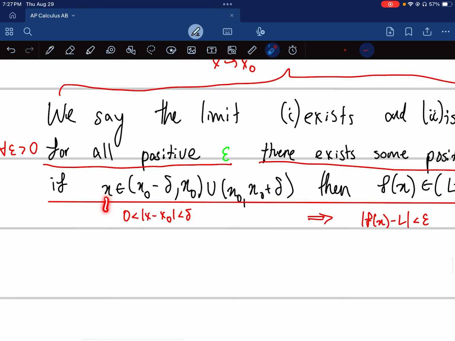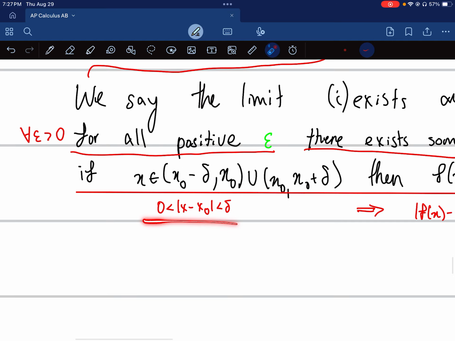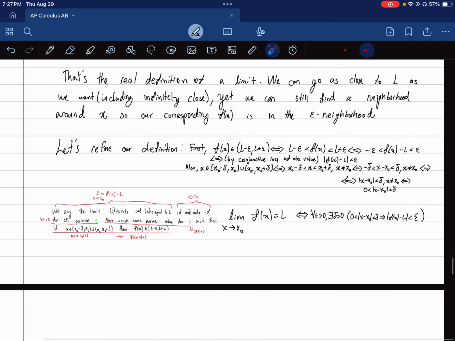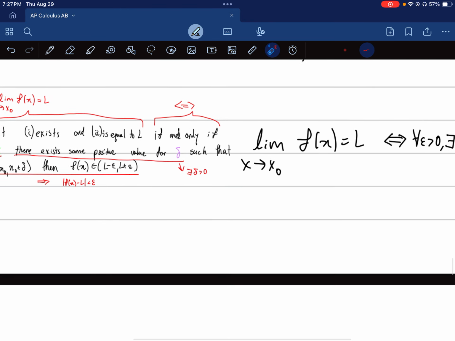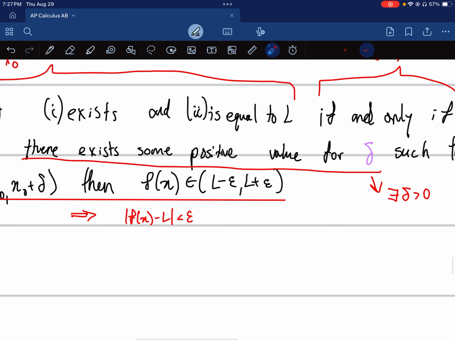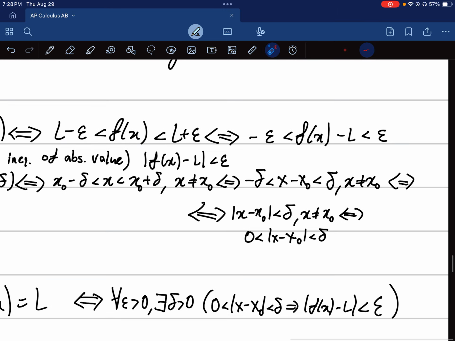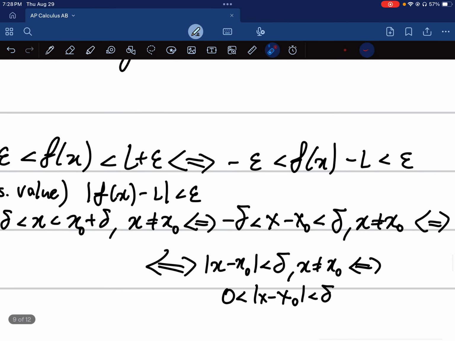If, remember, x belongs to the delta neighborhood, not excluding x naught, which is what we defined up here, and then this logically implies the following is true. The f of x is inside the epsilon neighborhood, or as we can see right here, as we defined up here what it means.